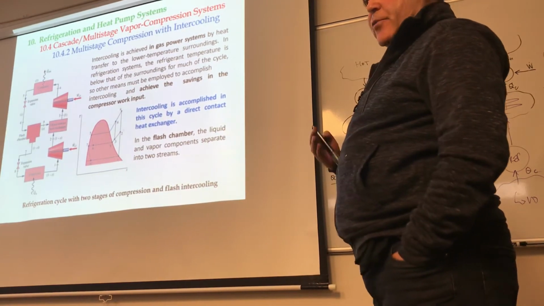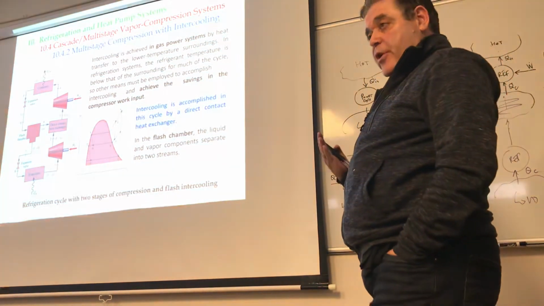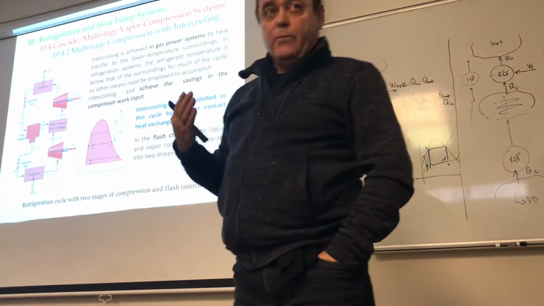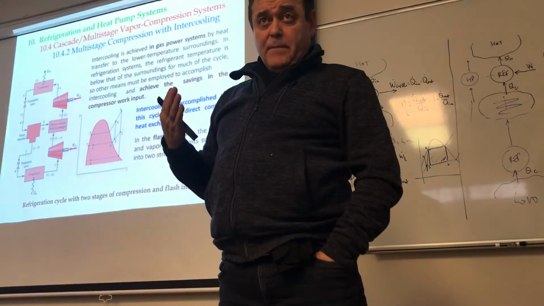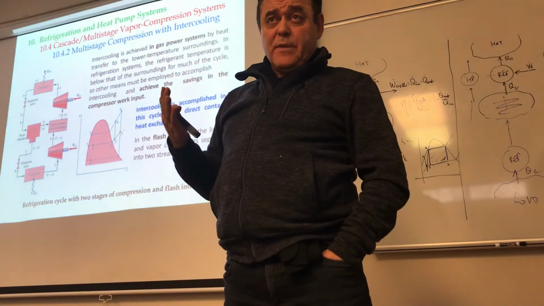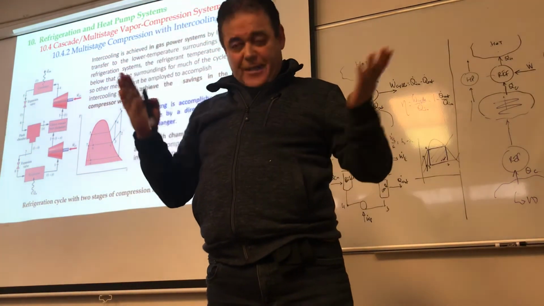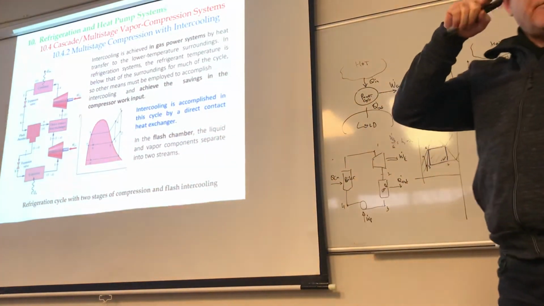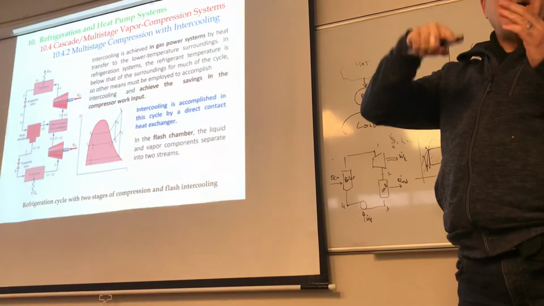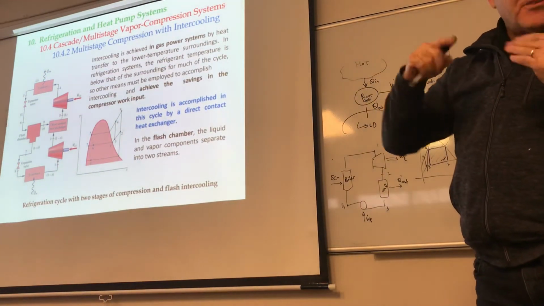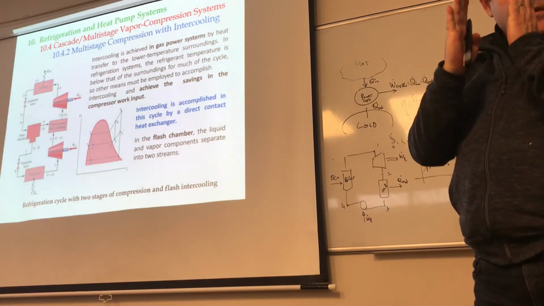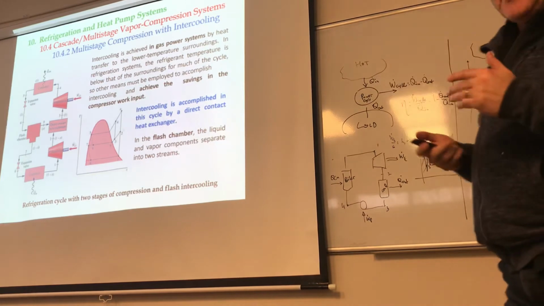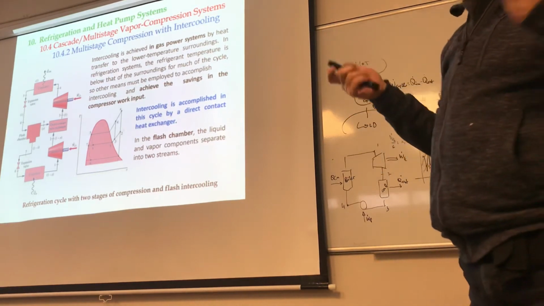So if you're saving some work in the compressor, what happens to the coefficient of performance? It increases, because remember, coefficient of performance is Q in divided by W of the compressor. So if you reduce the work of the compressor, you are increasing the efficiency. That's the only idea behind this, okay?